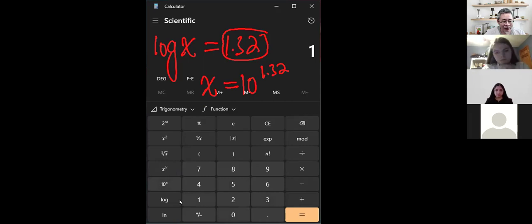Well, we have that here already in this special case. So we can just use that. Here, we can use that. And you can also use that one, no problem. But the 10 to the base just can save us a little bit of time. I'm going to show you both. 10 to the 1.32.